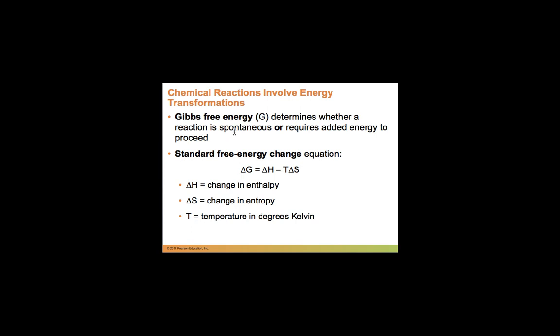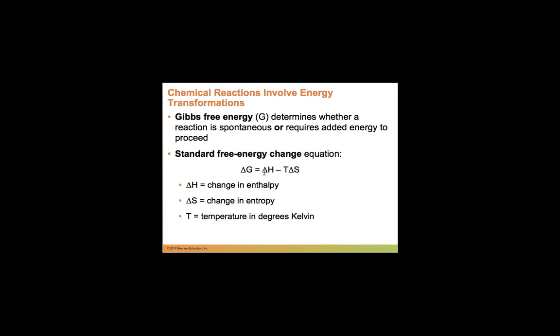How do we determine if a reaction is going to be spontaneous or not? We're going to look at that delta G. If the delta G is negative, it's spontaneous. If it's positive, it's non-spontaneous. So here's your standard free energy equation.